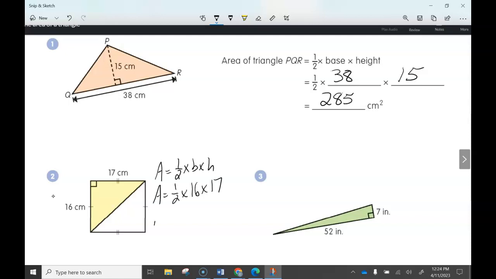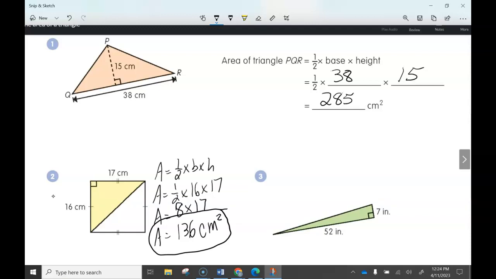And then we'll rewrite it. Area equals 1/2 times 16, that's going to give us 8 times 17 now. We're just going to take it step by step. And then area equals 8 times 17 is going to give us 136 centimeters squared. Okay, that's how you would do a problem like that.